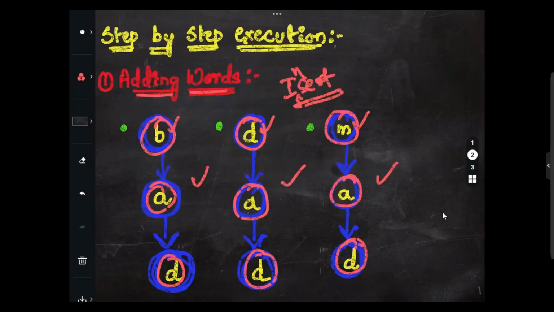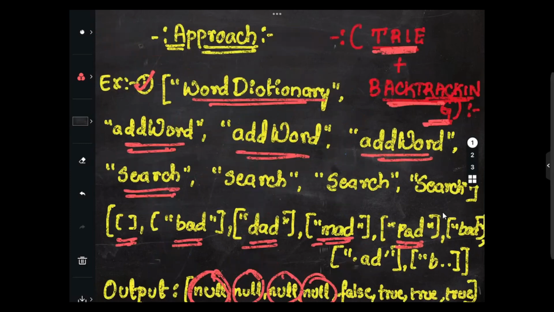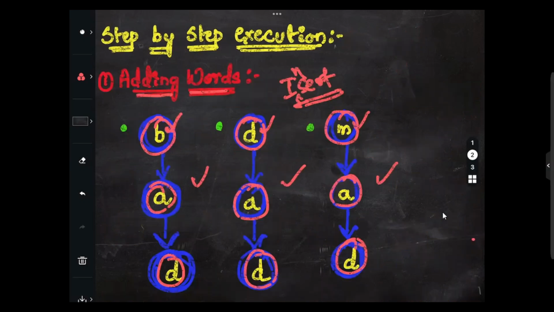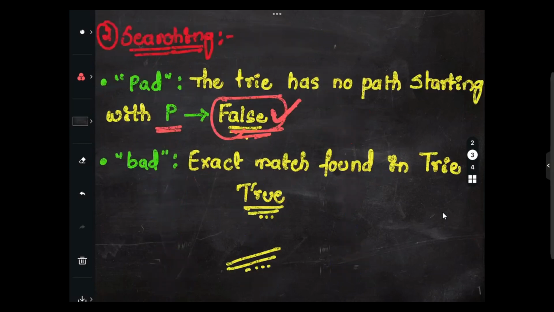So let's come to the next part. Next one is search of bad. You can clearly see B is present, A is present, D is present. So the search will be successful in this case. We have inserted bad with the nodes B, A, D. So B is present, A is present, and D is present within the trie node.